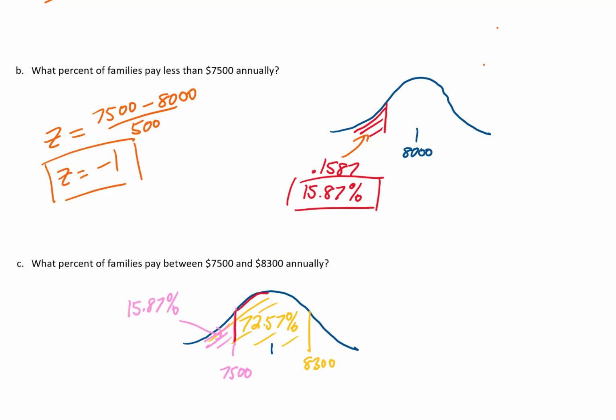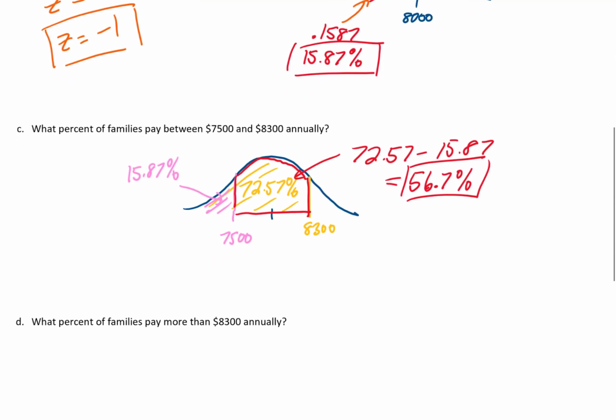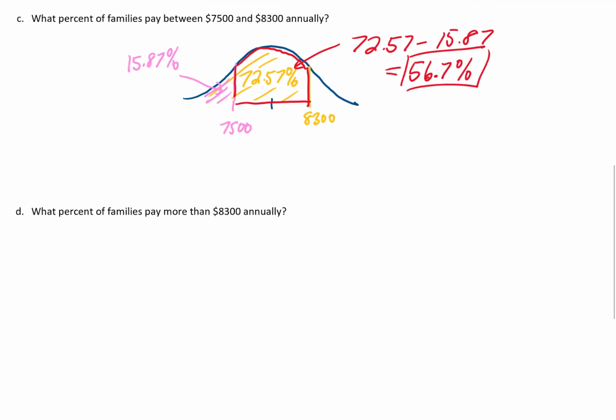If we want to know how much data is in this region between these two z-scores, what we need to do is just subtract 72.57 minus 15.87. We're subtracting the pink area that we drew from the yellow area to get this red area, and that turns out to be 56.7% of our data.